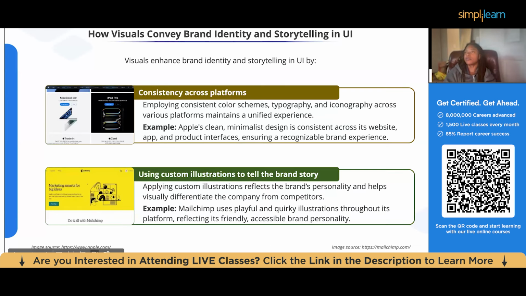And then how visuals convey brand identity and storytelling in UI. To continue that, we have consistency across platforms. This is described as employing consistent color schemes, typography, and iconography across various platforms as it maintains a unified experience.